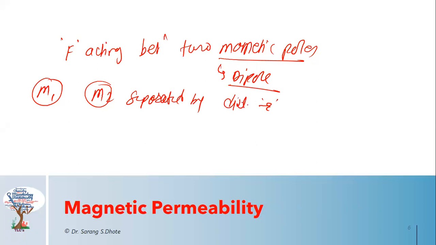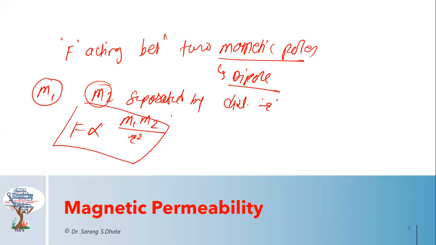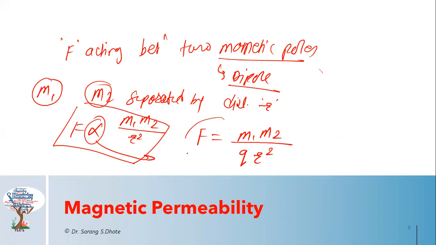a distance small r. The force is directly proportional to the product of the strengths of the poles divided by the square of the distance between the poles. Now, instead of the proportionality sign, we use a constant, that is, F equals M1 into M2 divided by Q r squared.